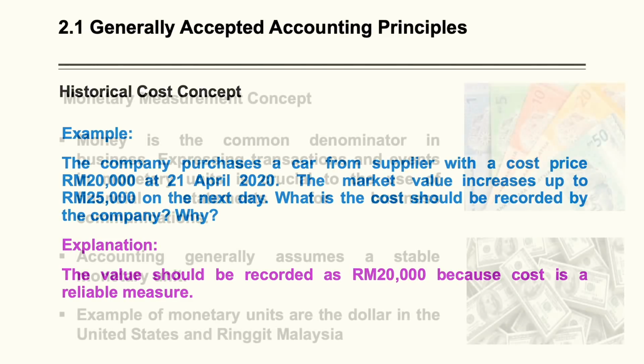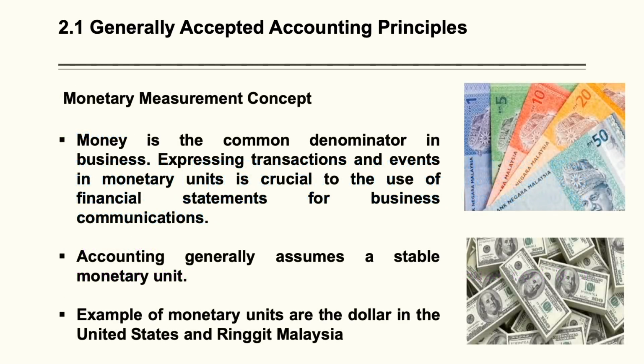Now let us go to the second concept, the monetary measurement concept. According to this concept, money is the common denominator in businesses. Whatever transaction and event is measured in monetary terms is crucial to the use of financial statements for business communication, so accounting generally assumes a stable monetary unit.